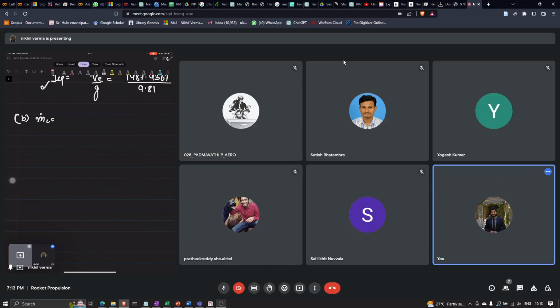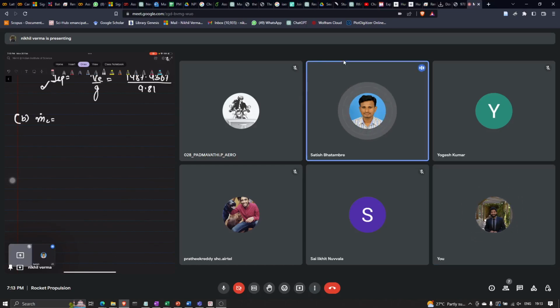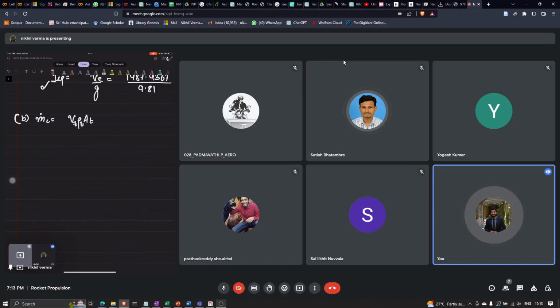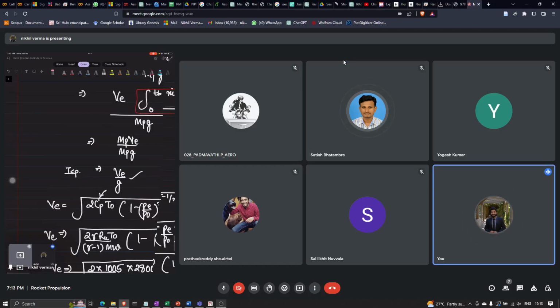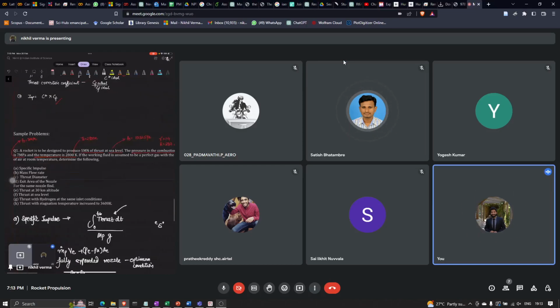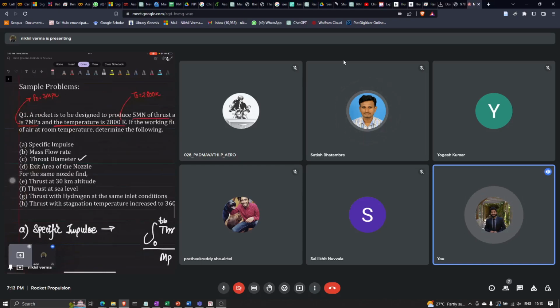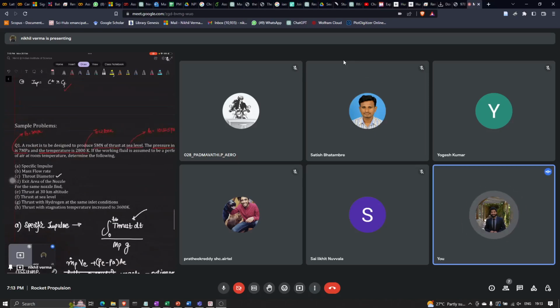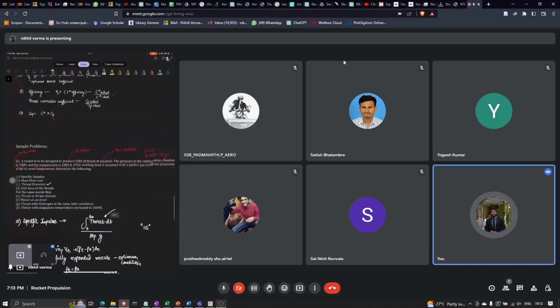Satish, you were saying something? Okay. Right. But for this, do you know what is the throat area? I think in the problem it is not given, right? In fact, we are required to ask what is the throat diameter. So by looking at this, can you tell some other equation we can use?